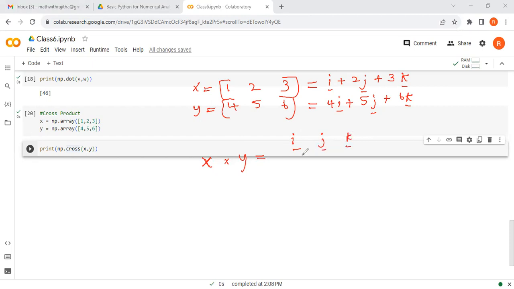Write the coefficients of this vector first: 1, 2, 3. Next, the coefficients of the next vector y: 4, 5, 6. Coefficient of i is 4, coefficient of j is 5, coefficient of k is 6. Next, you get the determinant of that.